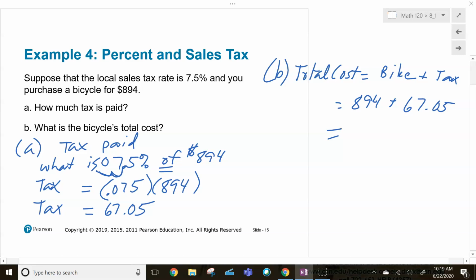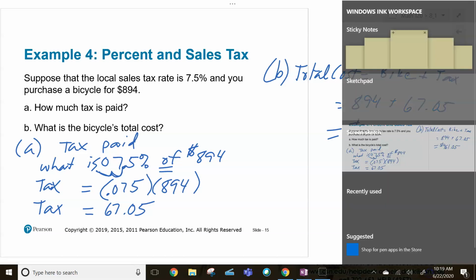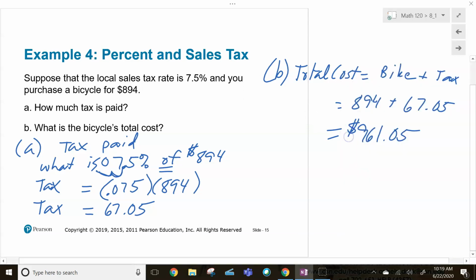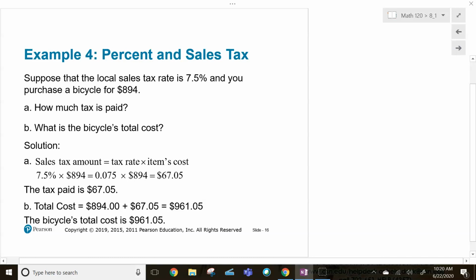So it looks like we end up with $961.05 as the total cost. So the tax equals 0.075 times 894. You convert the percent to a decimal before you work with it mathematically, and multiply by 894. That's how you get your sales tax, and then just add it to the price, and that's your total cost.